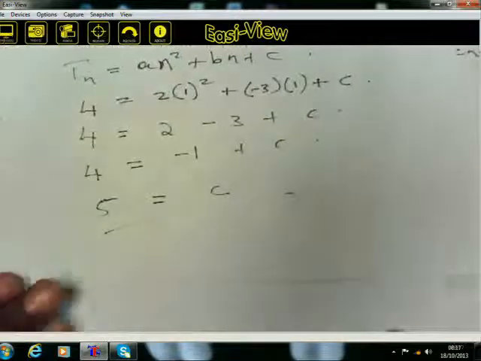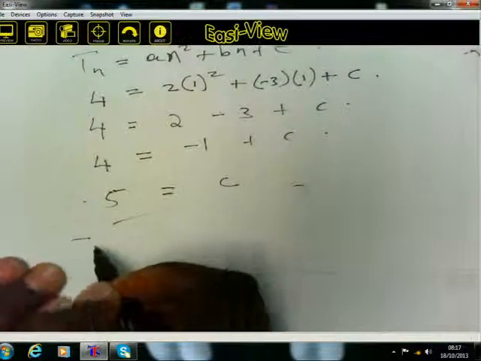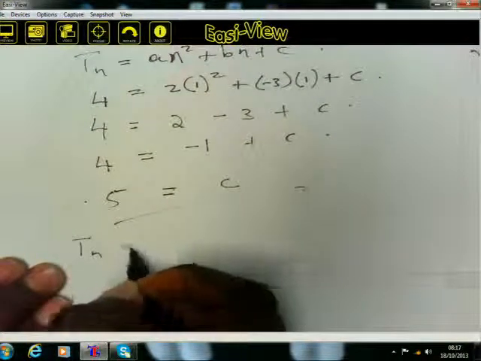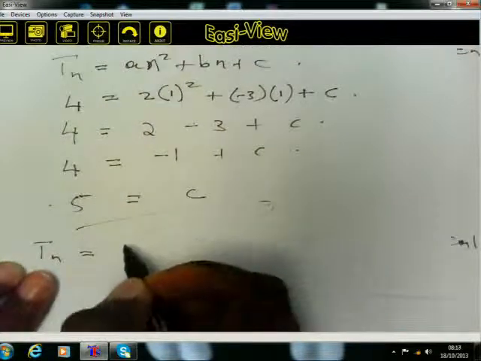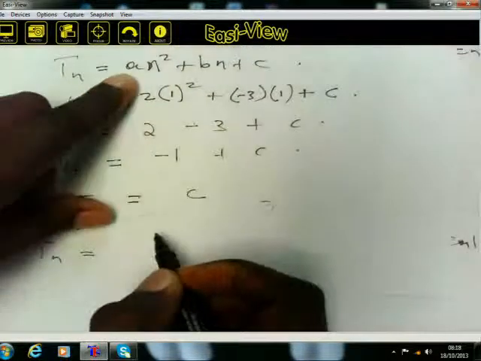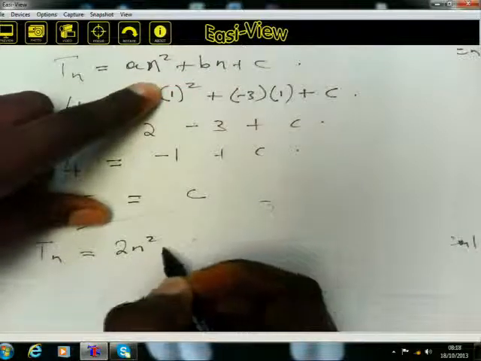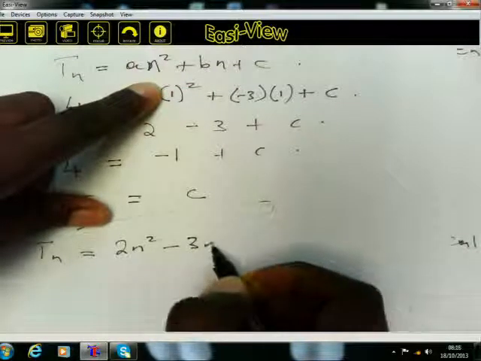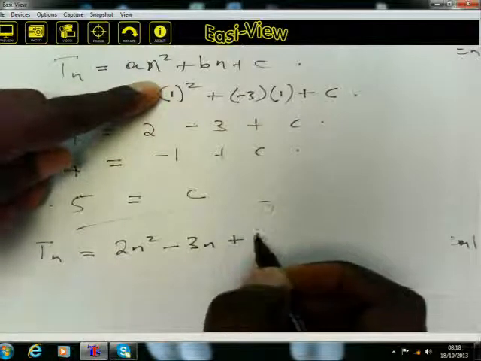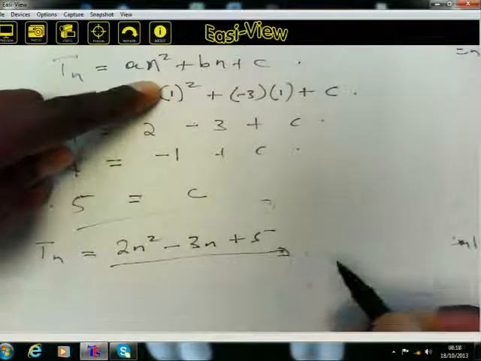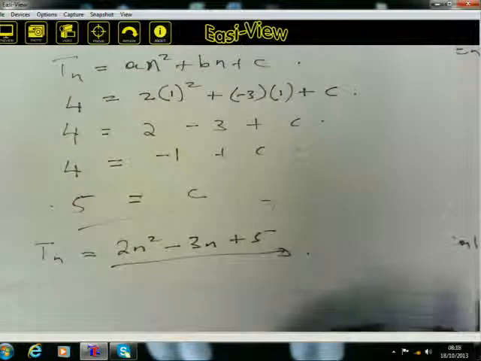The equation will be Tn, with a equal to 2, is 2n squared minus 3n plus 5. That is going to be our equation.